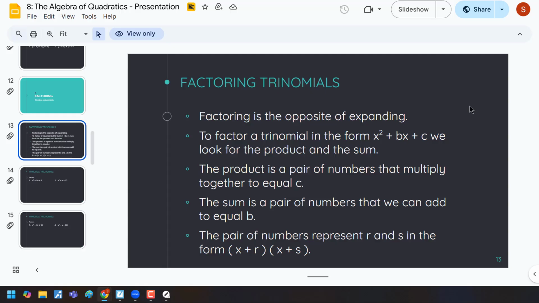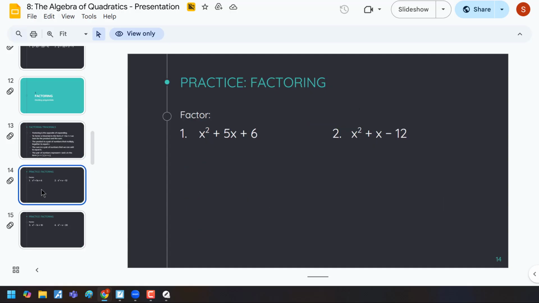The product is a pair of numbers that multiply together to equal c. The sum is a pair of numbers that we can add to equal b. The pair of numbers represent r and s in the form brackets x plus r and then brackets x plus s. That's a lot of reading. Let me show you exactly what they mean by all these words here.